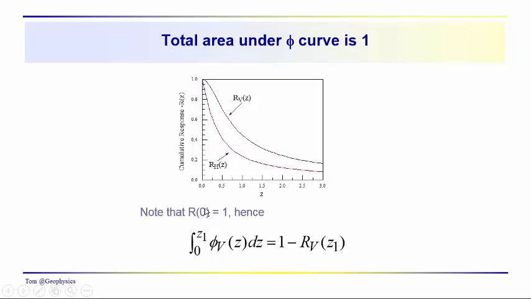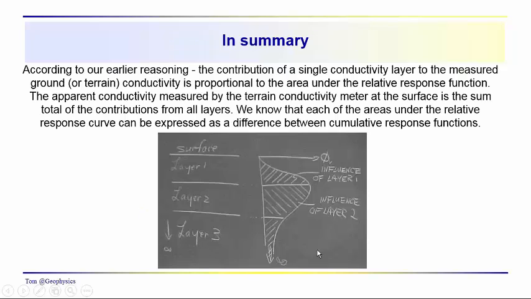So since the total area under the curve for z equals 0 of the cumulative response function for the vertical dipole is equal to 1, we get that relationship. We get this weighting factor that you've seen a couple times now, just 1 minus R1, as we've been using a shorthand notation for it.